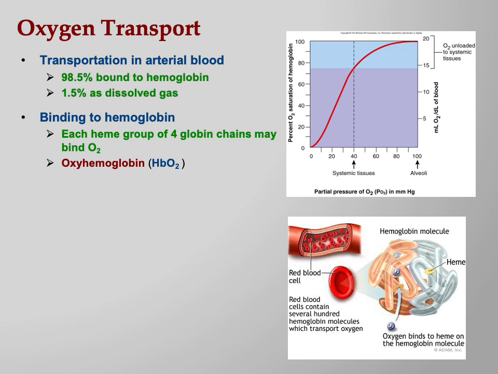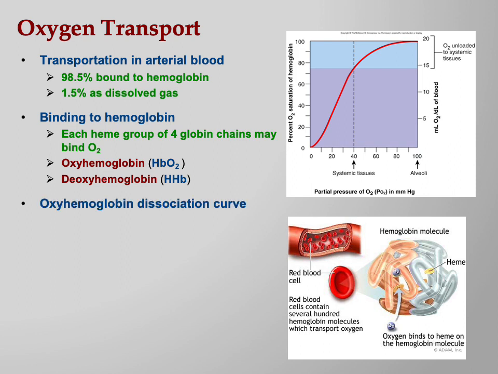Hb is for hemoglobin, O2 for oxygen. When your blood is not oxygenated, we call it deoxyhemoglobin, HHb. H is for hydrogen.